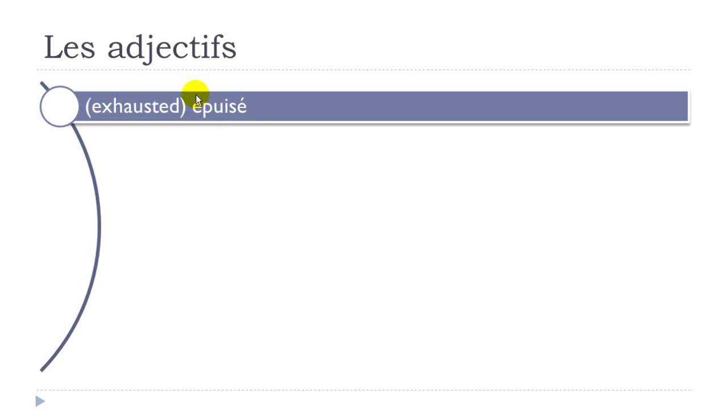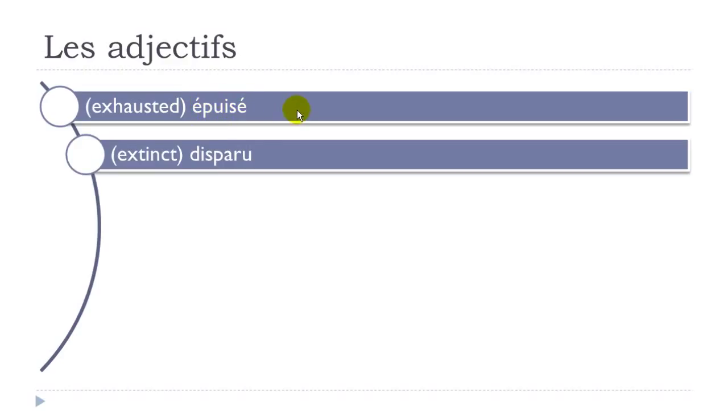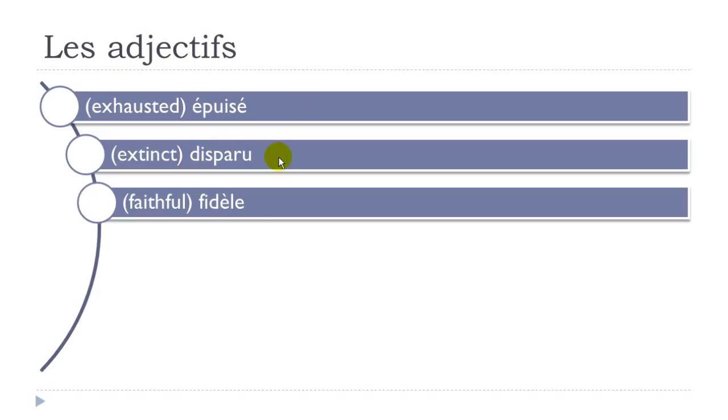Épuisé. Okay, remember, you've got two accent aigu, épuisé. Épuisé. Disparu. Fidèle. Final E, not pronounced, so accent grave here. L, fidèle.